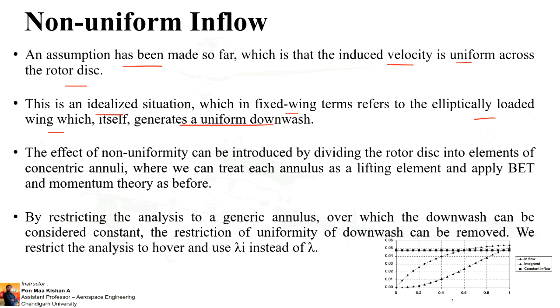The effect of non-uniformity can be introduced by dividing the rotor disc into elements of concentric annuli. In blade element theory, we took a small elemental area and calculated the thrust based on that.